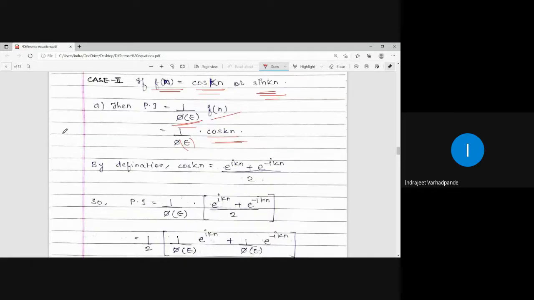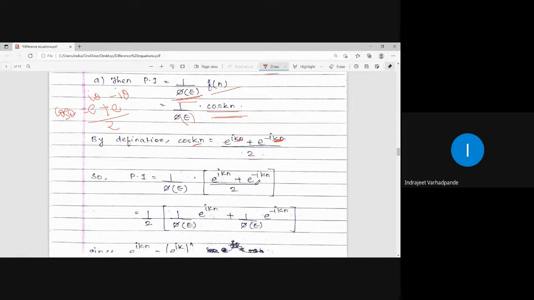By definition, using Euler's formula or the complex number, cos theta can be written as e to the power i theta plus e to the power minus i theta upon 2. So cos kn, in place of theta it is kn. Cos kn can be written as e to the power ikn plus e to the power minus ikn upon 2.